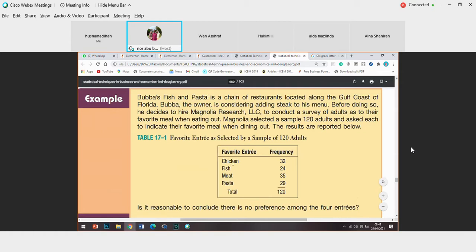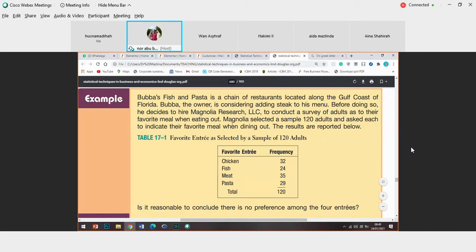So they have chicken, fish, meat and pasta. So they say that the owner is considering adding steak to its menu. Before doing so, he decides to hire someone or this company to conduct a survey of adults to look at what are their favorite meal when eating out. Okay, sorry. Ini adalah survey dia orang, bukan apa yang dia orang letak dalam menu.